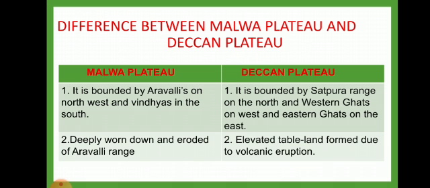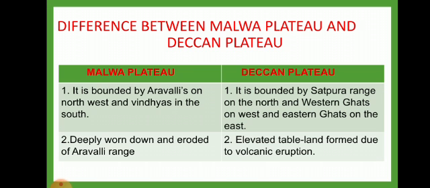First point: Malwa Plateau is bounded by the Aravalis on the north and west and Vindhyas in the south. Deccan Plateau is bounded by the Satpura range on the north, Western Ghats on the west and Eastern Ghats on the east.